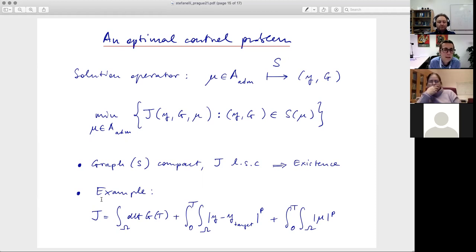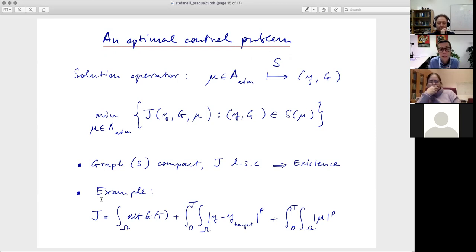So this is a general optimal control problem, which now we tackle just at the level of existence of optimal controls and optimal states. And the way you do it is at this abstract level always the same. So you assume to have a functional situation where the graph of this operator S is compact, and at the same time J is lower semi-continuous.